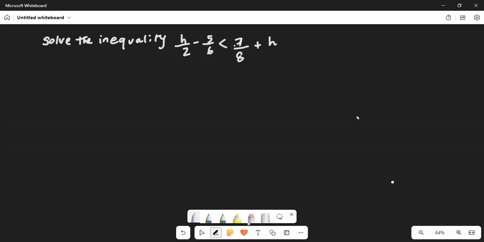Okay. So the first thing I will do is separate the variables. So, solution strategy: separate the variables.